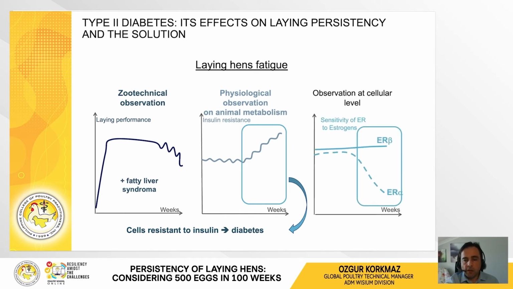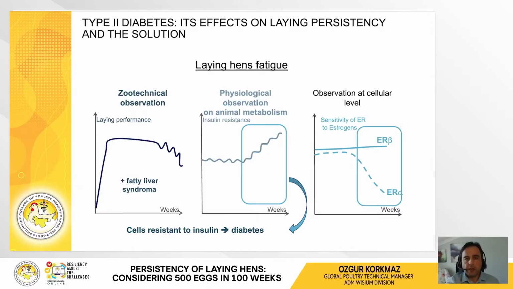This is the reason why there are two estrogen receptors, which we call estrogen alpha and estrogen beta. Estrogen beta receptors are stable when they get estrogen, but estrogen alpha, which creates anti-diabetic effects, changes its function because of fatigue, and estrogen alpha receptors become resistant to insulin, and it creates diabetes.